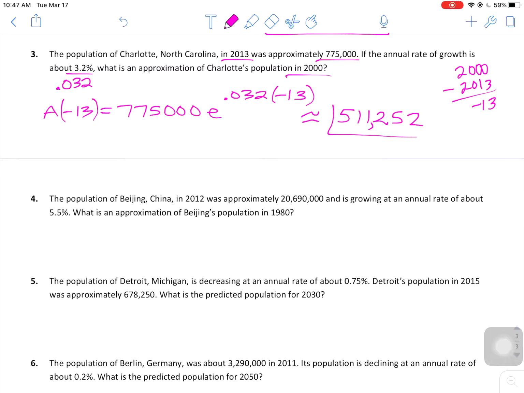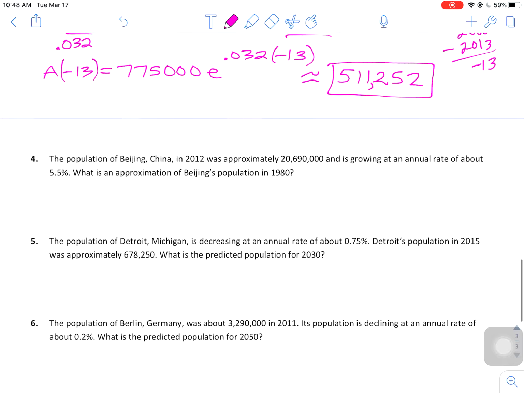So this number is smaller than the amount that they gave us in the problem, which again, that should make sense to us because now we're saying in the year 2000, the population was about 511,252 people, and then it grew to about 775,000 in 2013. So that makes sense to us that this number is actually smaller than the starting number they gave us.